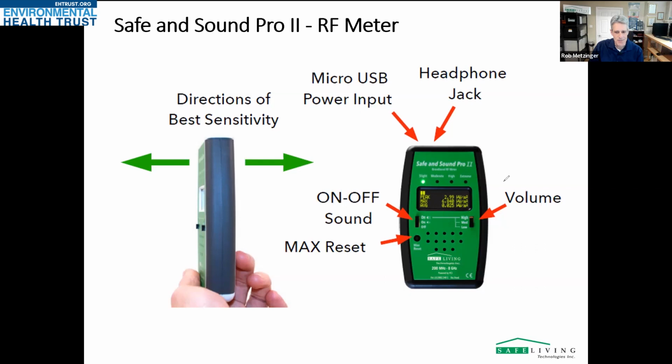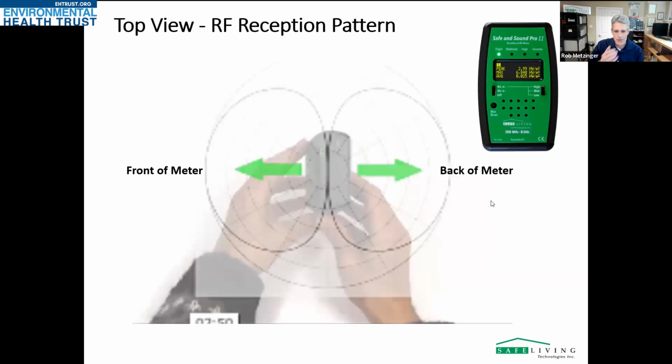So just a little bit of background on the meter there and how to do your measurements, but also, anytime you have an RF meter, you want to know the antenna patterns of measurement. We know it measures out of the front and back very well, but here's what it looks like from the top view. It almost looks like a figure 8. The sides of the meter, that's kind of the quiet area.